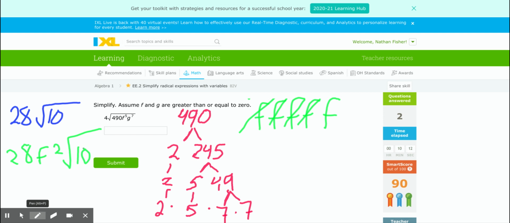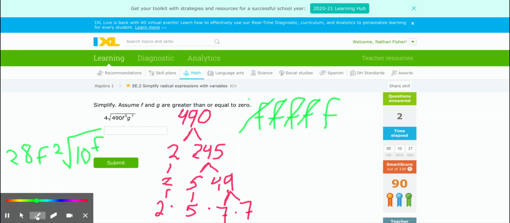This would bring a second one out front, so I'd have F squared out front here. I'm running out of room. Let me see if I can rewrite here. 28 F squared, and then 10. I have 1 leftover F here, and then I can erase.